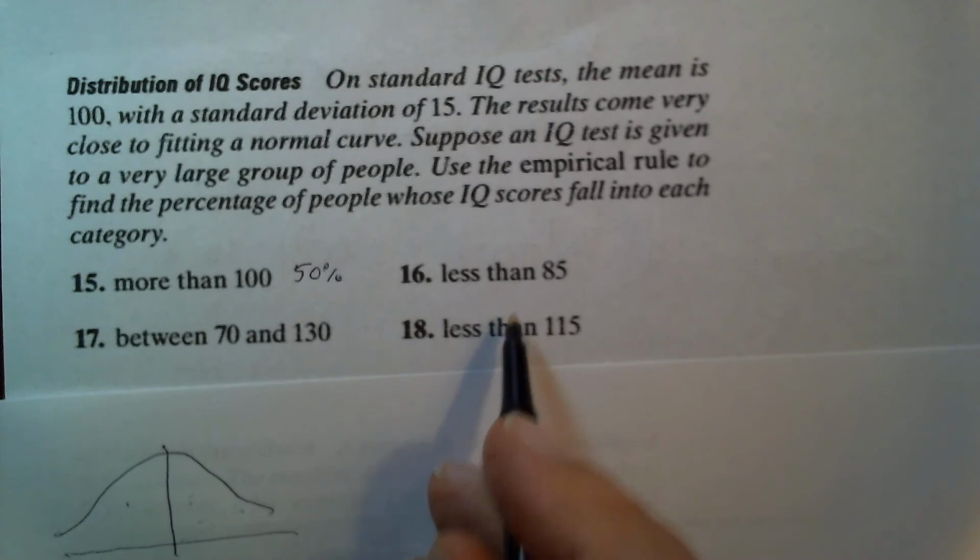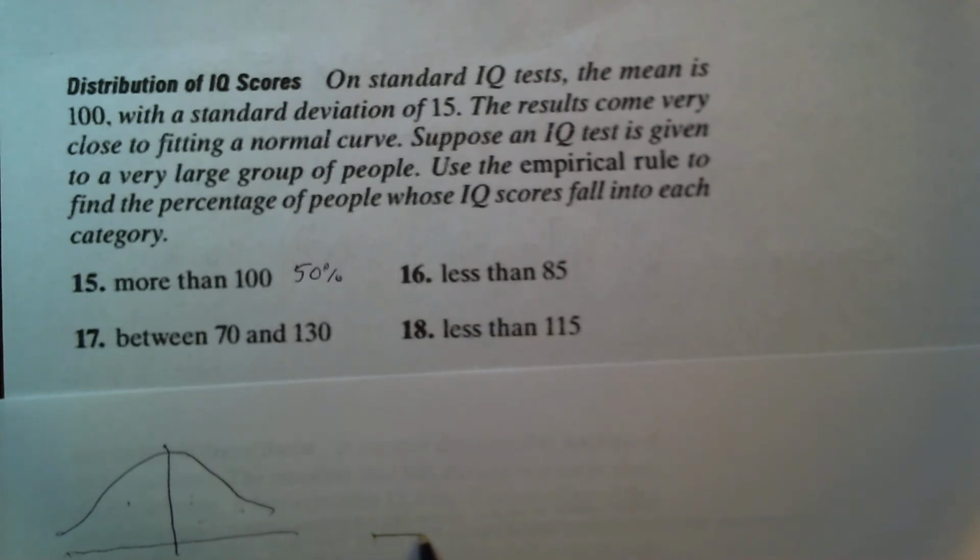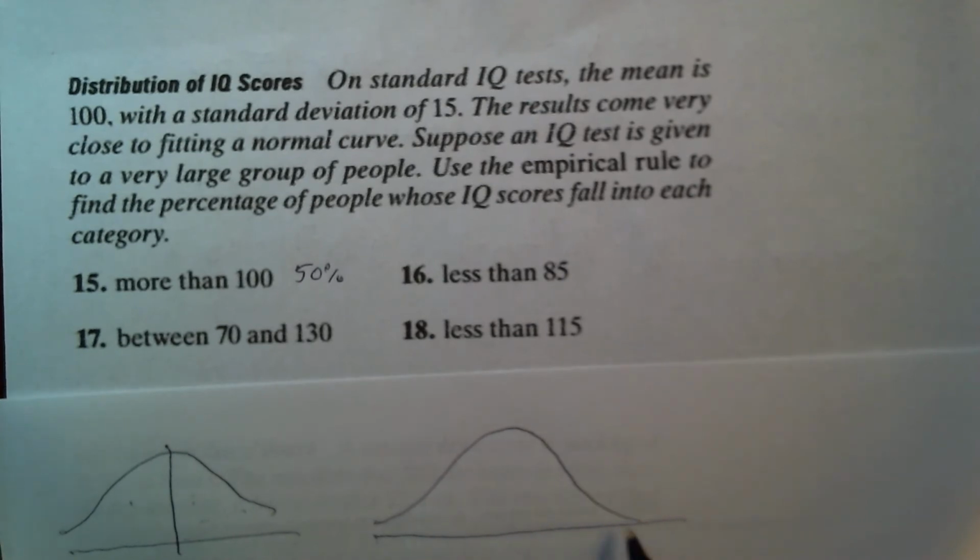And less than 85. Okay, again, let's draw a distribution. Here's 100 for the mean, and then 85. So that would be 15, one standard deviation to the left. And we know that 68% are within one standard deviation.